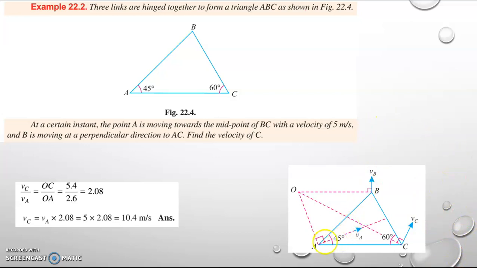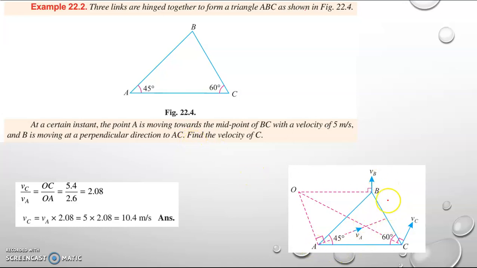First of all, we will mark the velocity VA, which will be towards the midpoint of the line BC. So we will be writing VA, and we will be drawing a perpendicular from this, and we don't know where it will end. And the next thing we will be marking is the velocity of VB. It's mentioned that B is moving in a direction perpendicular to AC.